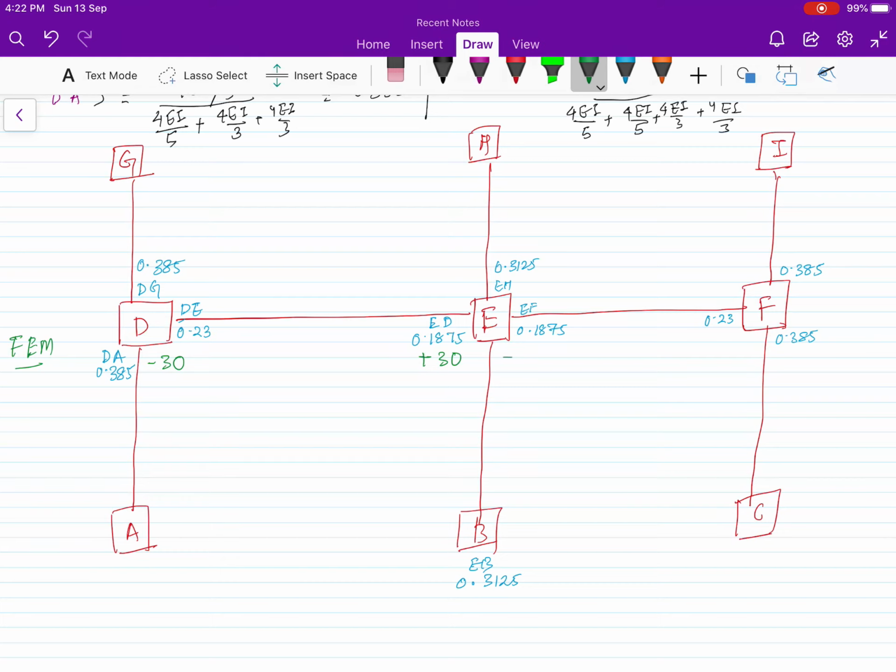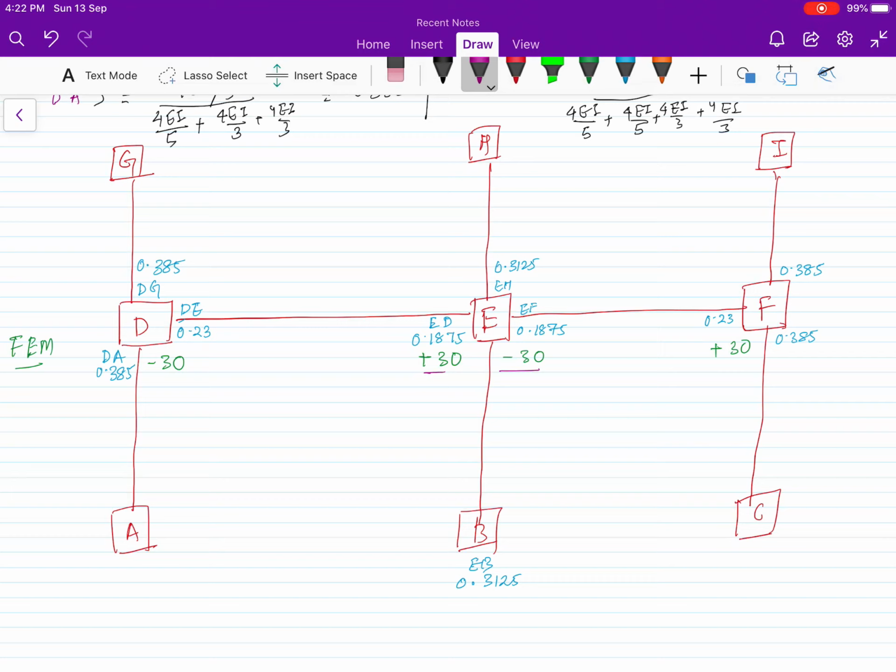Similarly for EF, minus 30, plus 30. This is the fixed end moment. Now, coming to this, you see at E point, we have plus 30 and minus 30. So there is no unbalanced moment.